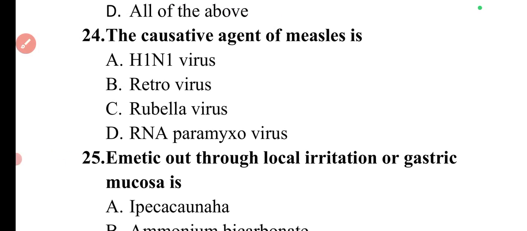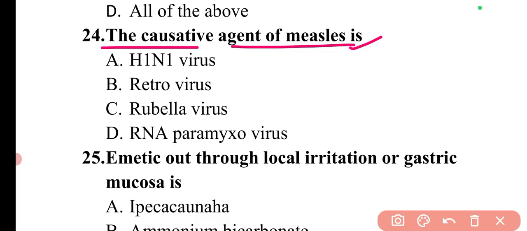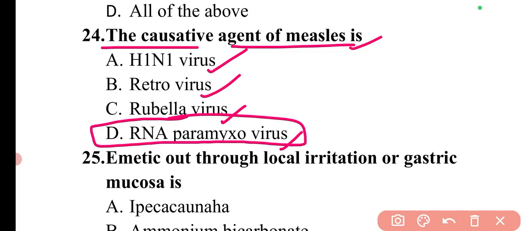Next question is, the causative agent of measles is. Options are H1N1 virus, retrovirus, rubella virus, or RNA paramyxovirus. The correct answer is option number D, RNA paramyxovirus.